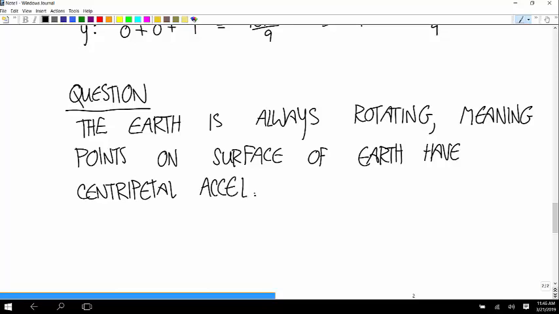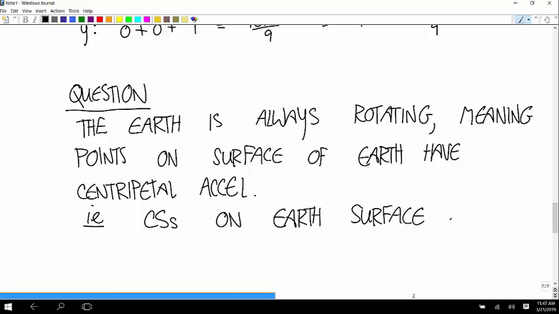That means that coordinate systems fixed to the surface of the Earth are not inertial coordinate systems, right? Why doesn't that mess up our experiments on the surface of the Earth?